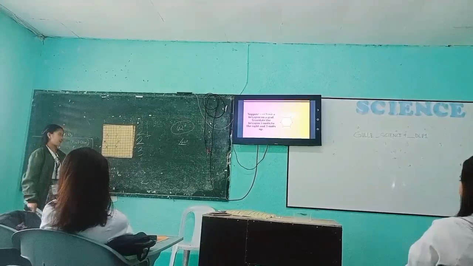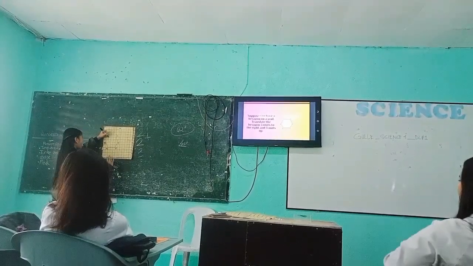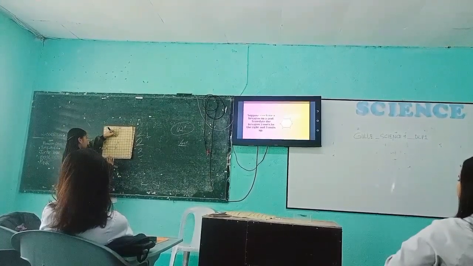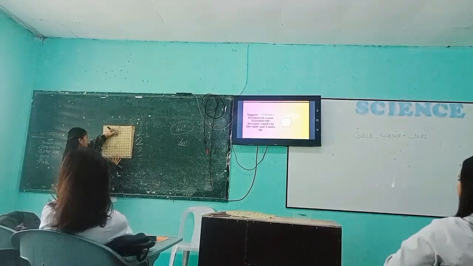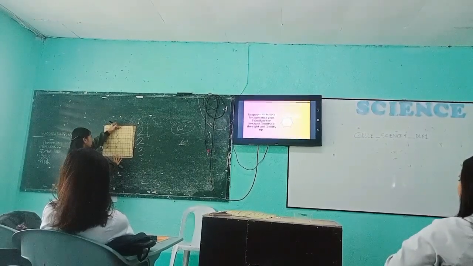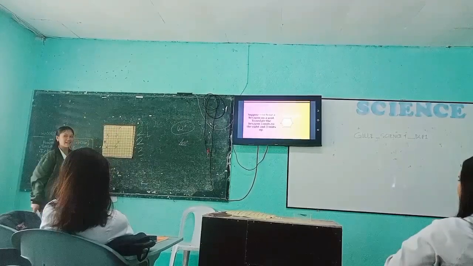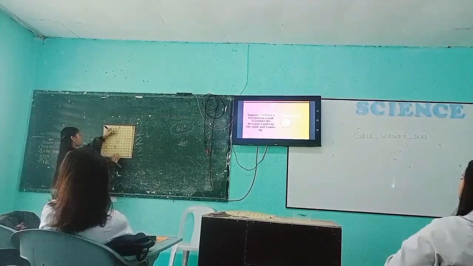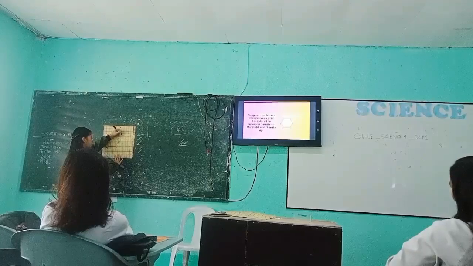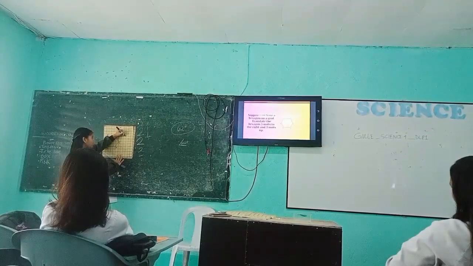Next, the letter C: 5 units to the right, 3 units up. And last, the letter D: 5 units to the right, 3 units up.